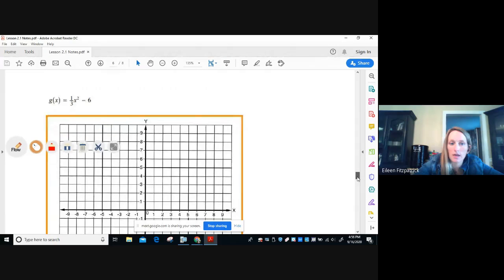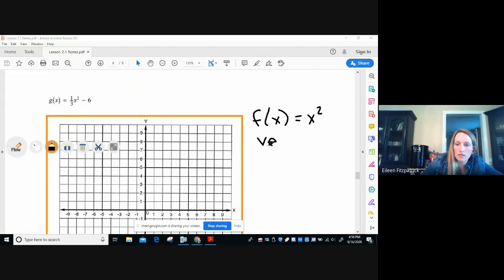All right, so again, we're going to start with that parent function, which is f of x equals x squared, and it has a vertex at 0, 0. And the parent function core points are always the same.